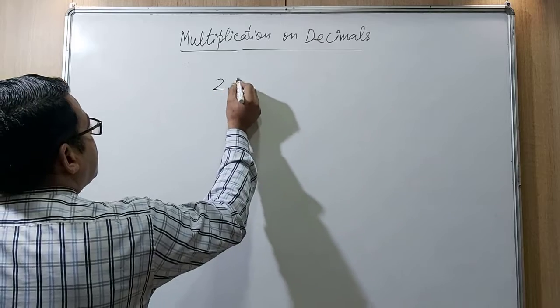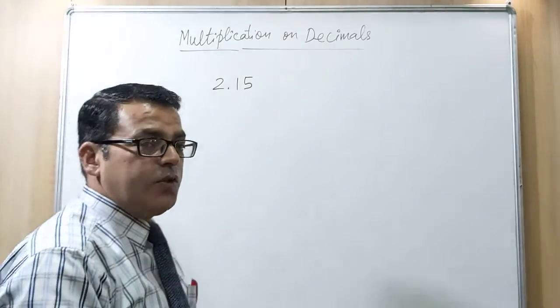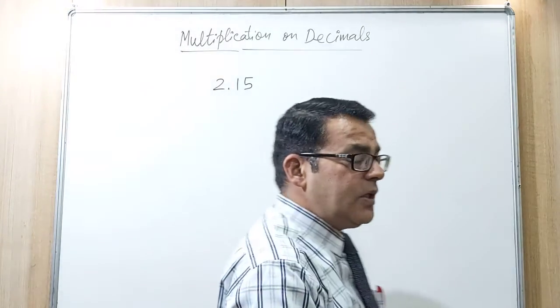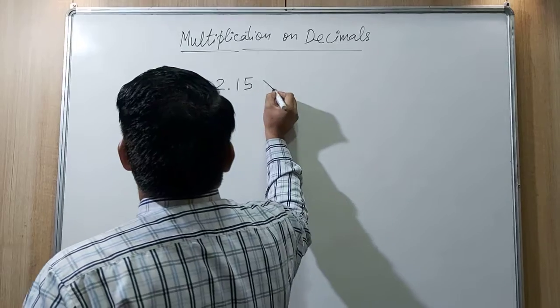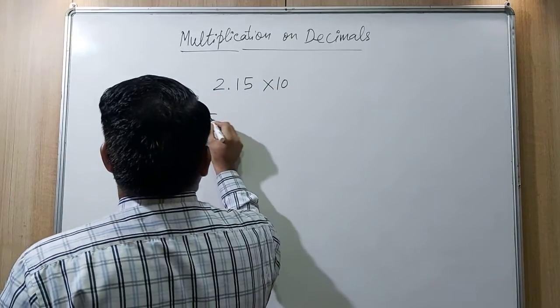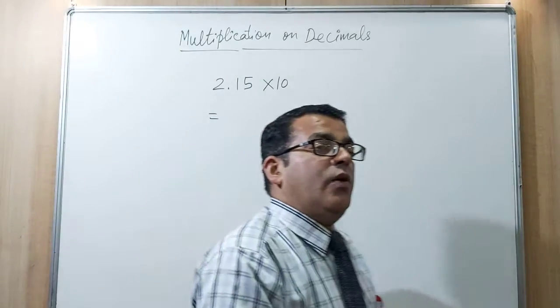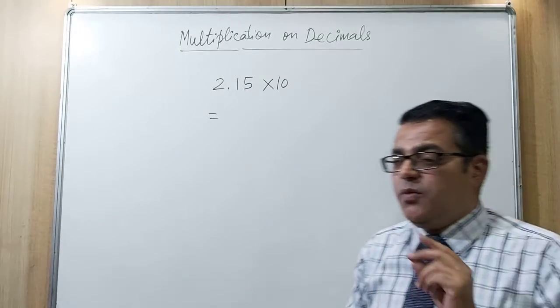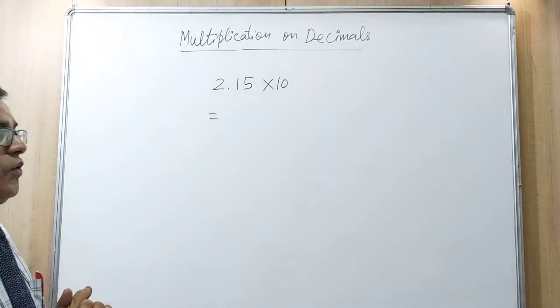So let's start. An example I am taking here. Suppose we have one decimal number, that is 2.15, right? 2.15 we have here, and if we multiply this number by 10, how can we find the answer without much calculation? Within seconds we can easily find the answer. So what to do now?